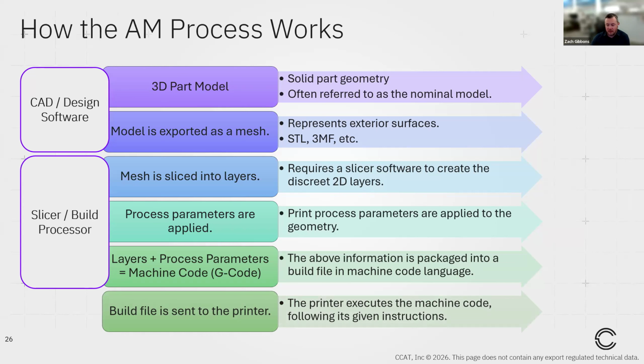I like to point out that I love referring to additive machines or 3D printers as dumb machines. And why do you call them dumb machines, Zach? That's because they will follow pretty much any set of commands, any code we give it to run. If we have a very expensive CNC machining center and we tell it to crash the tool head spindle into our workpiece as hard as it can, unfortunately, it's going to listen to us and do it.